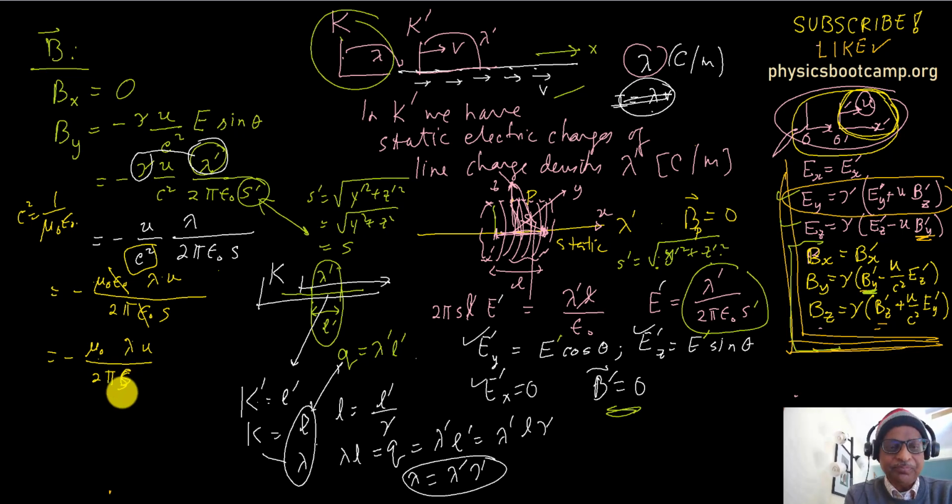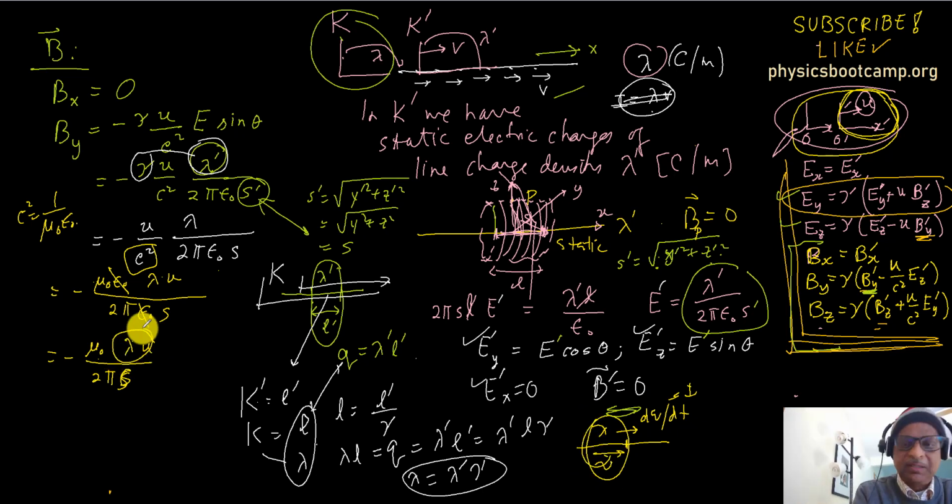Well, if you look at lambda and you have speed v, so if you look at any point how fast the dq dt is going on, that will be the current, right? So lambda times v will be the current. I started to use u for some reason. I should use v because I'm using v for the speed. So I'm sorry about that.